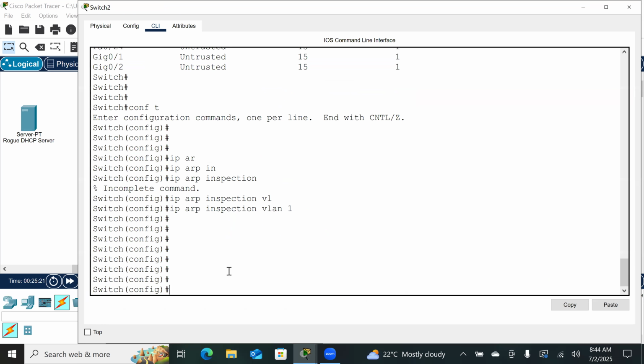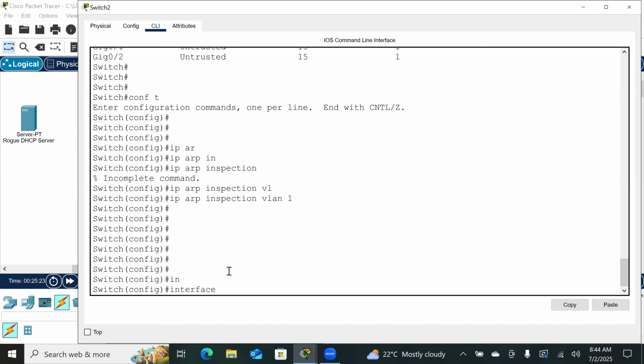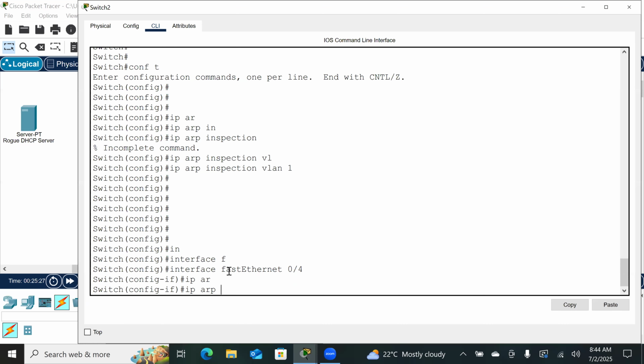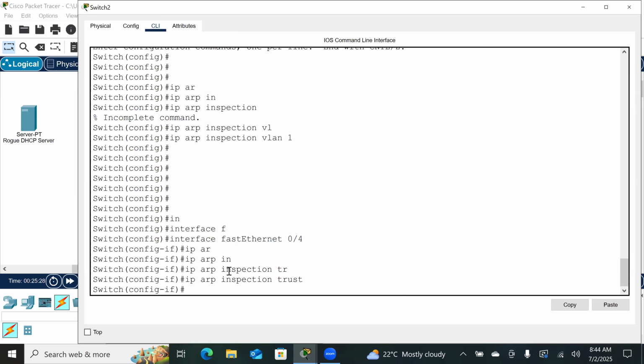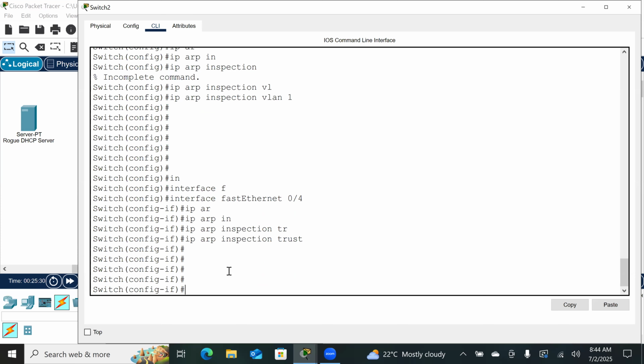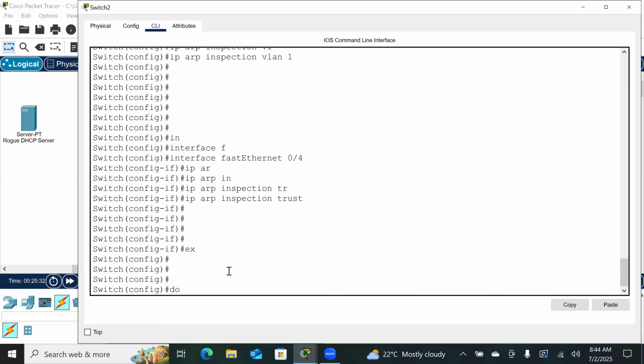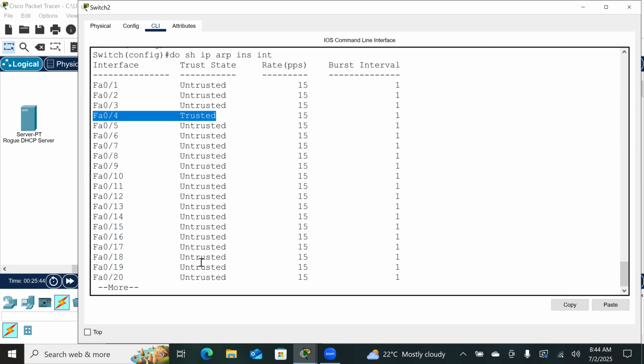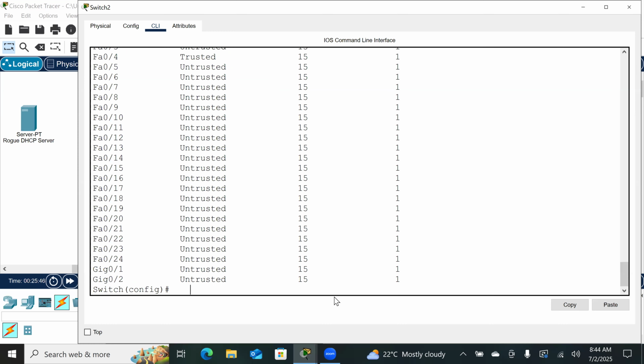So in that case, you have to go on that one. Interface fast Ethernet 0/4, and you have to say ip arp inspection trust. That's it. Okay. If you say again, do show ip arp inspection interfaces, you can see there only 0/4 will be trusted and all the remaining will be considered as untrusted ones. Okay.